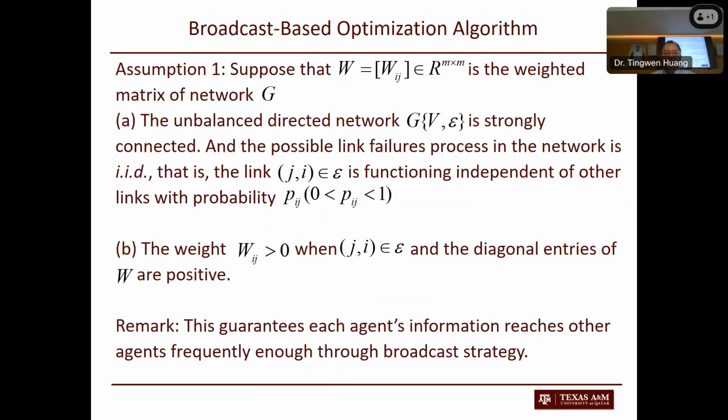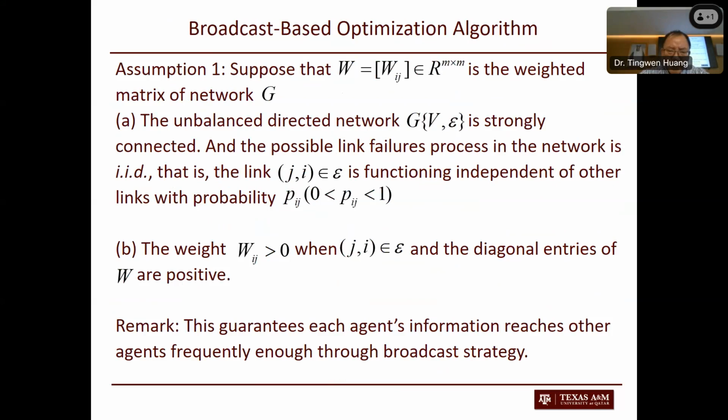To design an efficient algorithm, we need some assumptions. Suppose that W is the weighted matrix of network G. The unbalanced directed network is strongly connected, and the possible link failures in the network are independent and identically distributed.